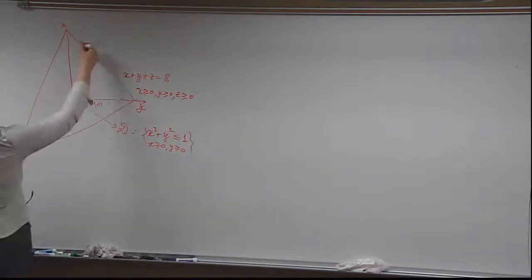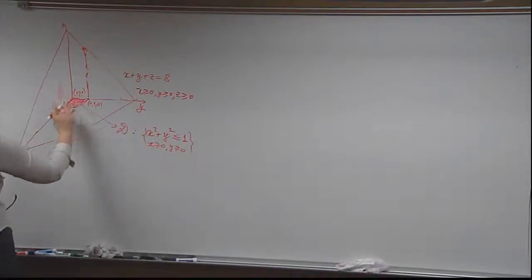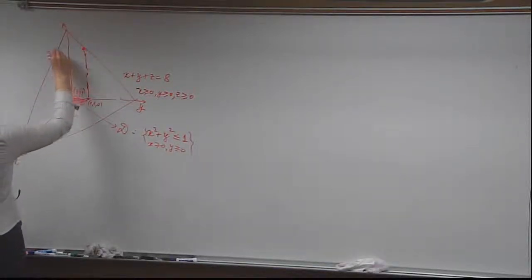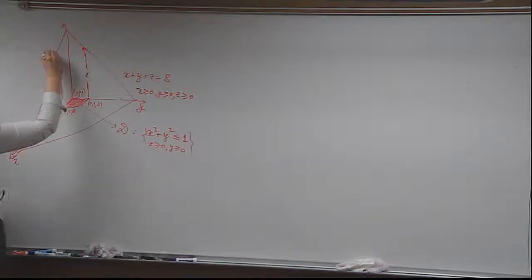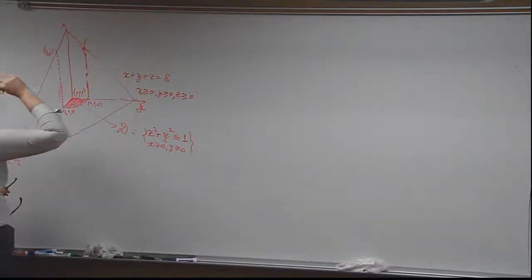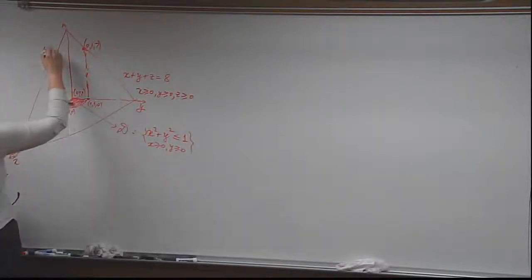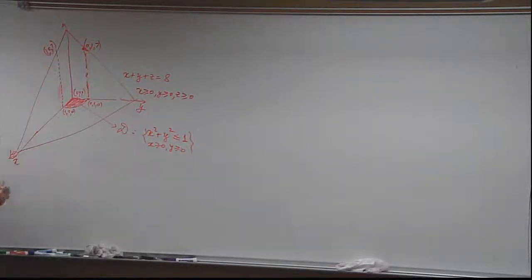Think about it. You said 0, 1, 7, and this would be 1, 0, 7. How did you think about this? How do you know? Because it's on the y-axis, and since you are on the x-axis here, y has to be 0. So you're right.